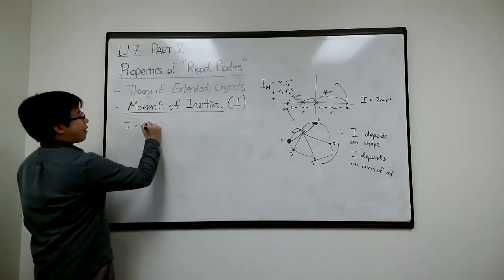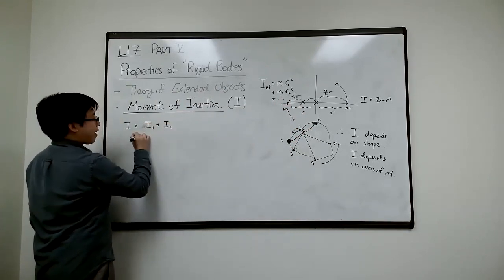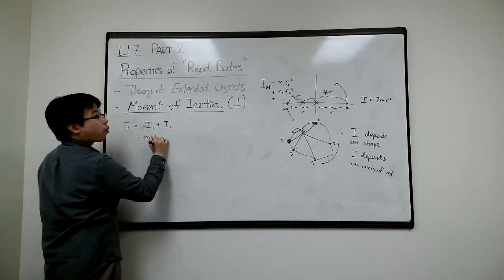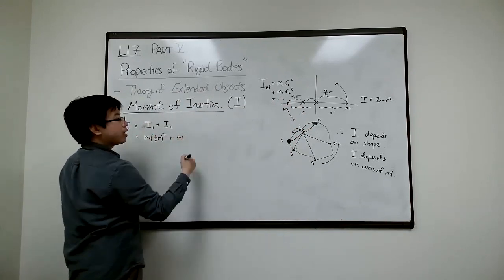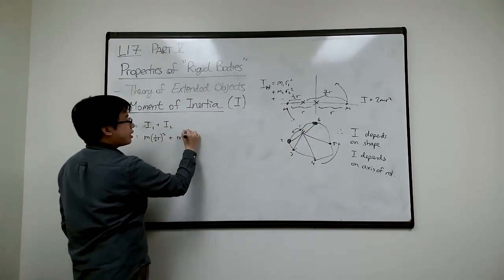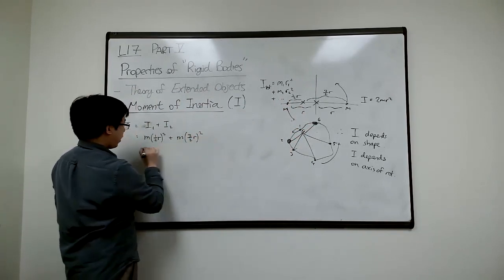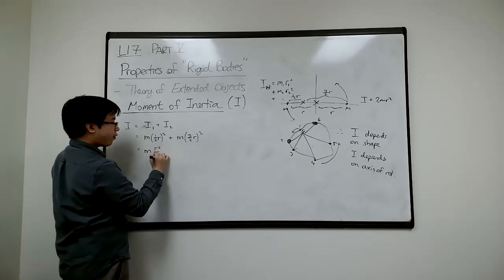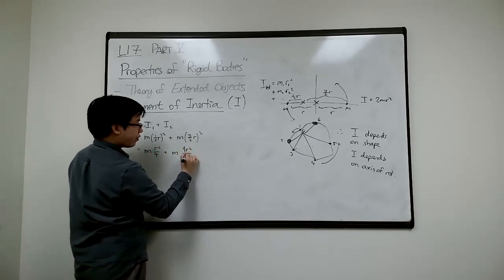Okay. So you're going to do I1 plus I2, and so I1 is m times (1/2 r) squared, plus I2 is m, and the distance is this time (3/2 r) squared. Let's see what we get. So here we get mr squared over 4 plus m times 9r squared over 4.